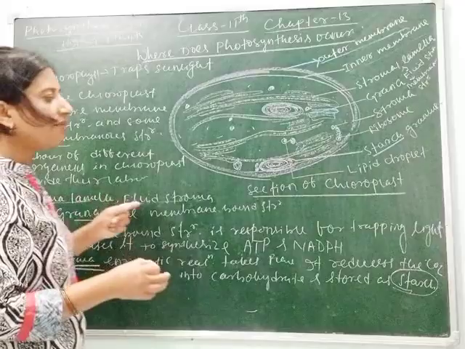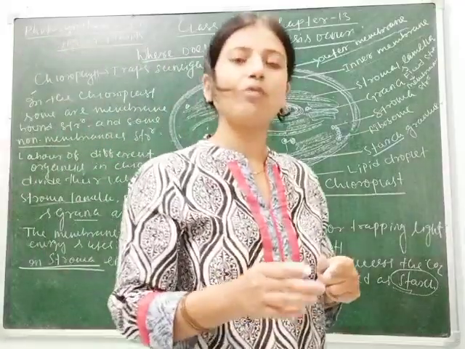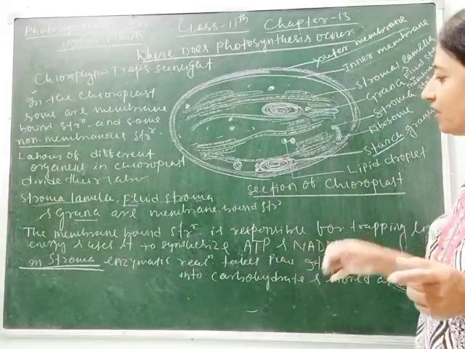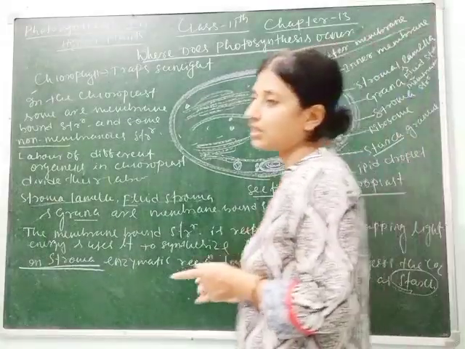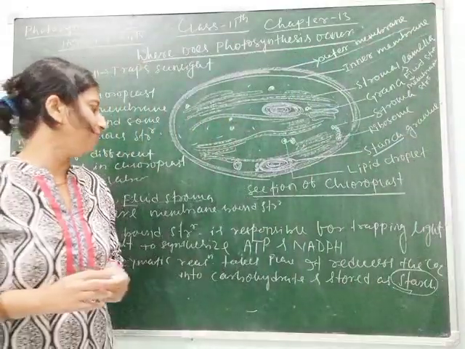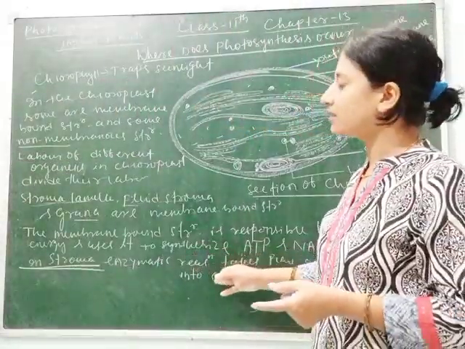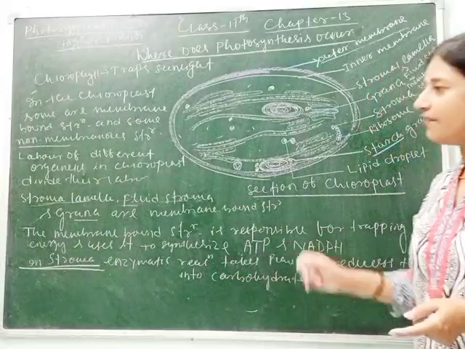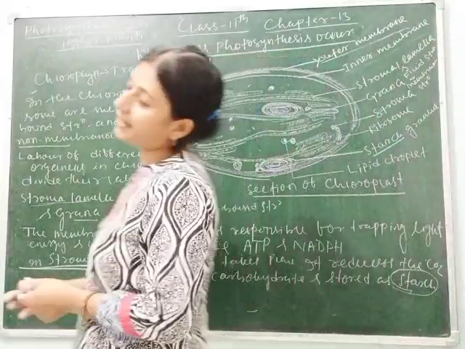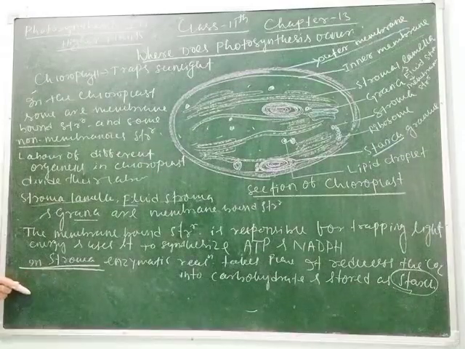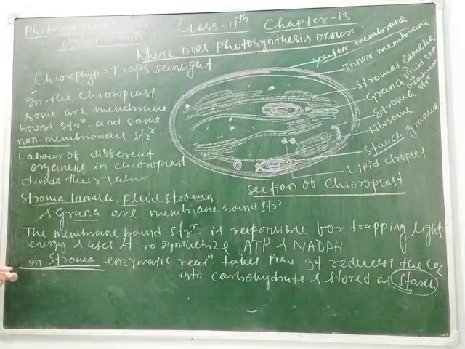Membrane bound systems are responsible for trapping light, and after trapping light they use it to synthesize ATP and NADPH. And stroma is the area where enzymatic actions occur, and due to enzymatic action the carbon dioxide gets reduced into carbohydrate, and again that is stored in the form of starch, or you can say in the form of sugar.